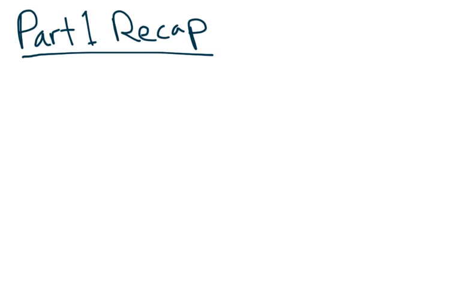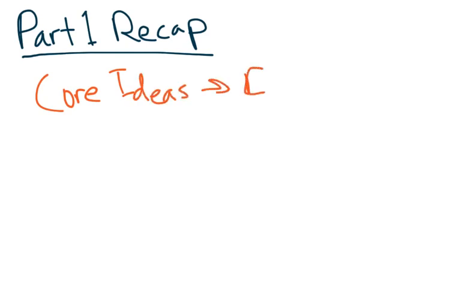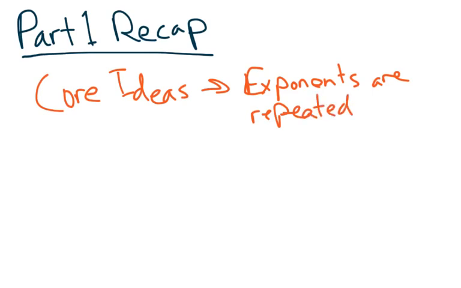So part 1 recap, let's start there. First was the core idea. And the core idea is that exponents are repeated multiplication. So we just have to keep that in our back pocket and be mindful of that.